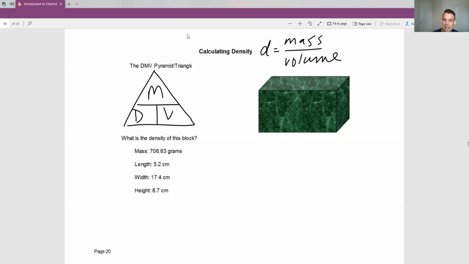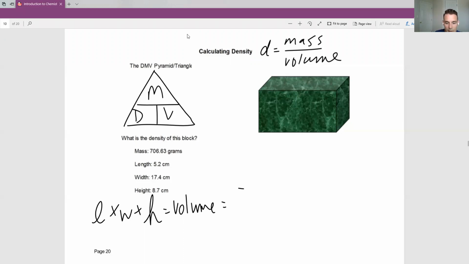So what's the density of this block that's right here? So we know density is mass over volume. I don't have a volume, but I do have a length, a width, and a height, and we know that length times width times height equals volume. And we, of course, want to use our sig figs because we totally know how to use those now when we're doing calculations.